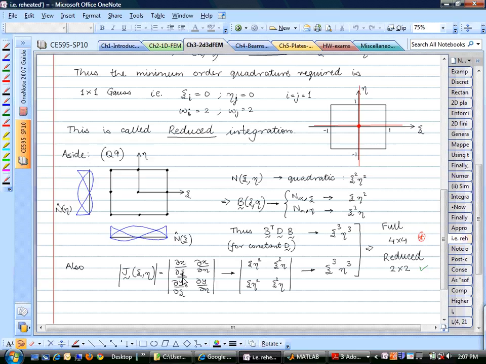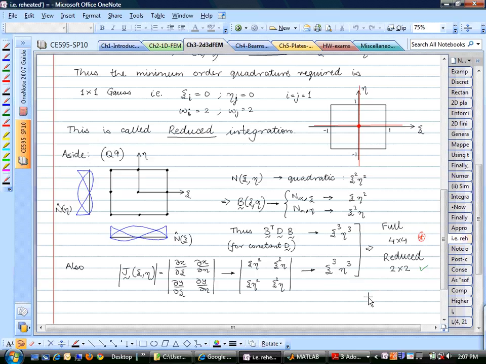Your dx over dx is going to be C square eta cube. This would be C cube eta square, and the total would be order 5, right?